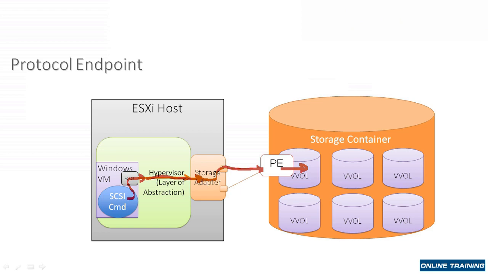Now, from the perspective of what benefits it provides, let's say that you need to clone a virtual machine. We have this virtual machine, and the VVOL for the virtual machine is here, and we need to clone it. Rather than handling the cloning operation at the ESXi host level, we can handle it at the storage container level and at the storage array, because the storage array can see all of these individual VVOLs, and that's much more efficient.